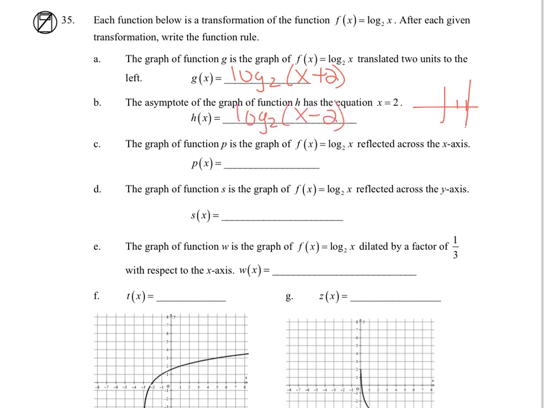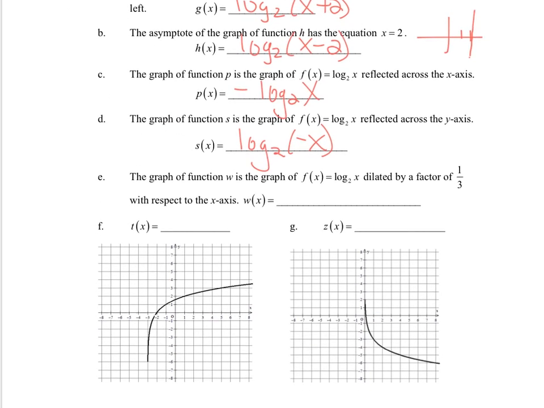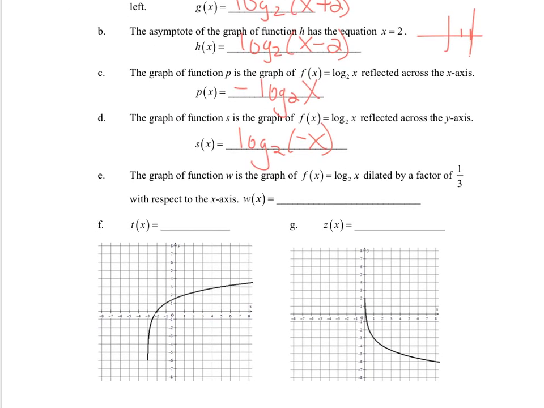So there's to the right 2. Reflected across the x-axis is a leading coefficient of a negative. Across the y-axis, we make the x variable negative. Okay, so then we have a vertical shrink of a third. So that gives us a coefficient of a third.